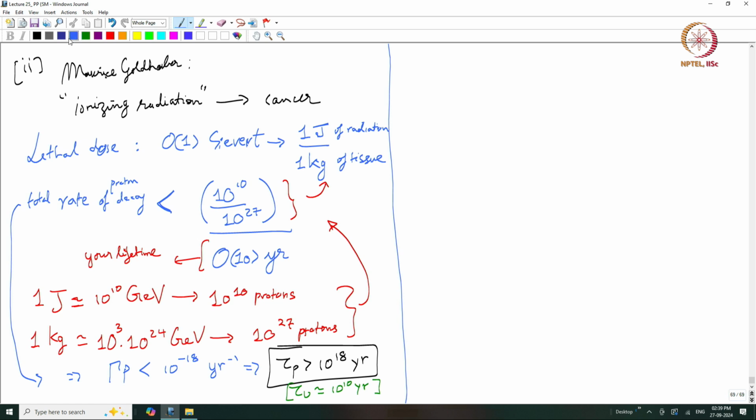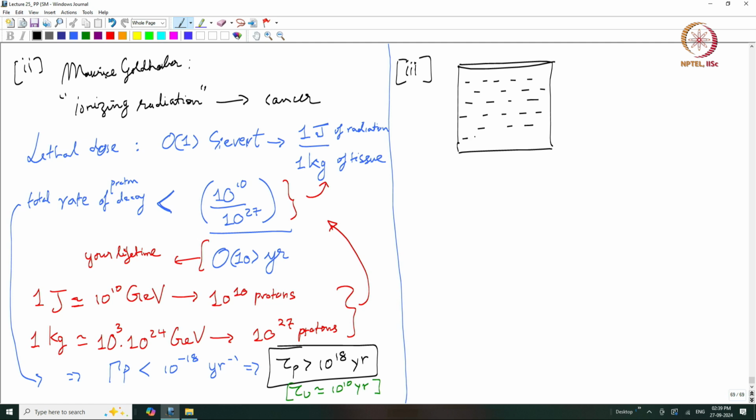Of course, this is not the best way to set a limit. Even more impressive limits can be set by putting protons in a tank. Basically, take some liquid. What is the best liquid? Water, right?